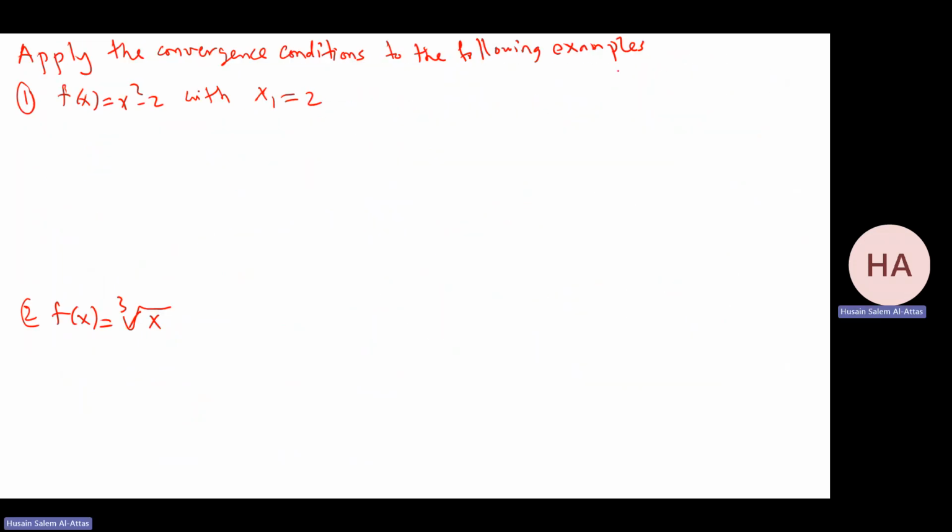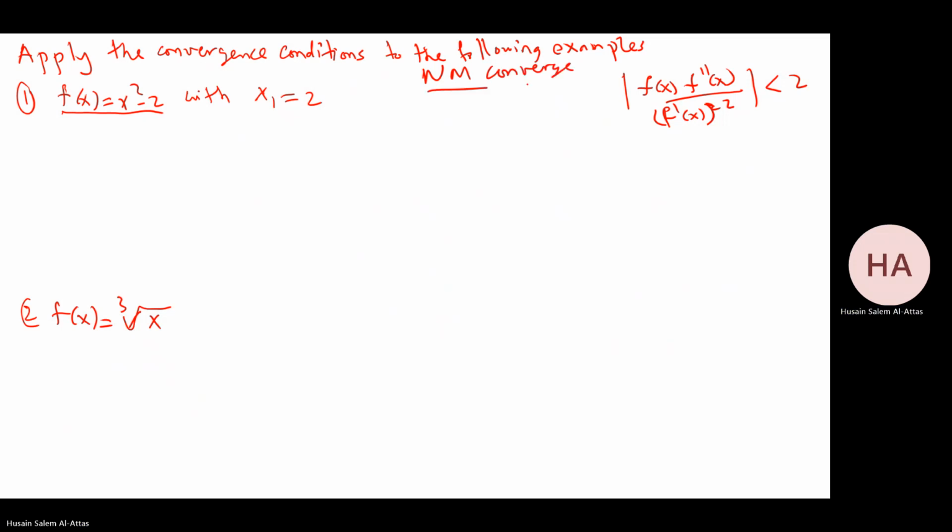Let me write it here. I want this to be less than 1. Okay. So let me deal with this one, which I know Newton's method converge. In this case, converges, yeah.